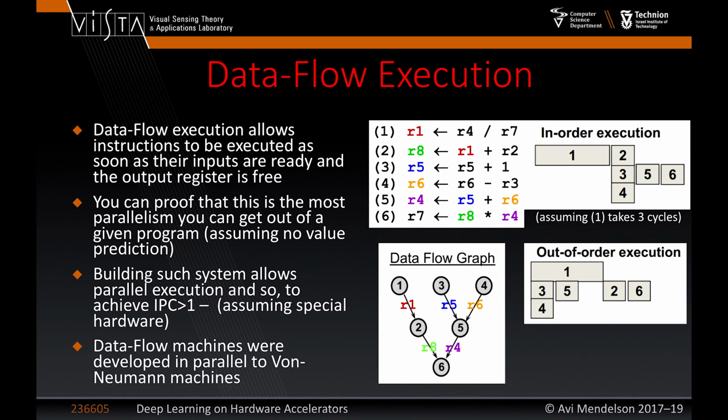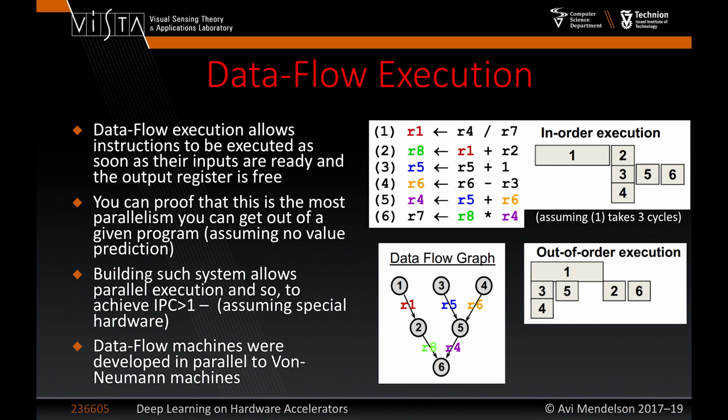Not exactly. I'll address it in a minute. Not in that way. But in the past, in Manchester, there were Dataflow machines, Manchester 1, Manchester 2, Manchester 3. In MIT, they built Dataflow machines. All of them didn't come to commercial success. And the reason is not the hardware. The main problem is that it is terribly hard to debug such a system.